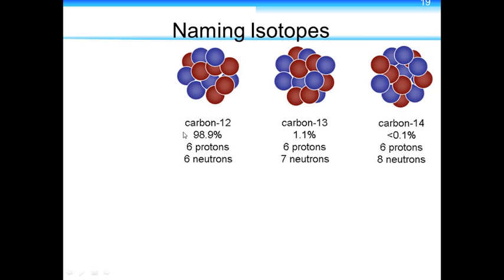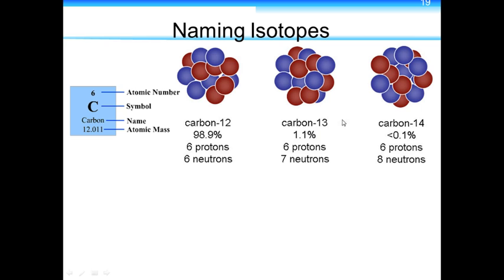And so when they put that mass on the periodic table, what they're saying is, okay, 98% or 99% have a mass of 12, but a little bit has a mass of 13, and a little bit has a mass of 14. So they take an average, multiplying the mass by the fraction, plus the mass times the fraction, plus the mass times the fraction. And that gives what is called a weighted atomic mass on the periodic table.